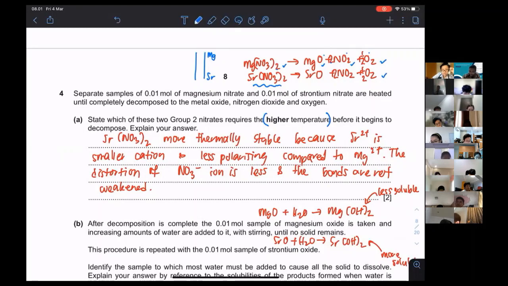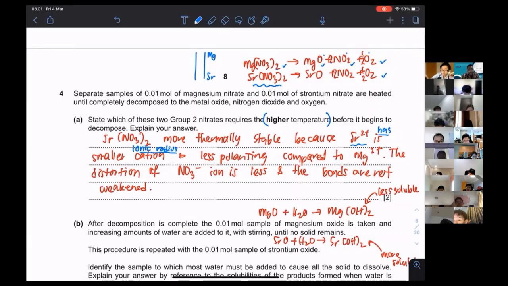If I look at Sr2+, it has a smaller ionic radius. I think the one preferred in your marking key will be this one, has smaller ionic radius, but smaller cation will also be accepted.